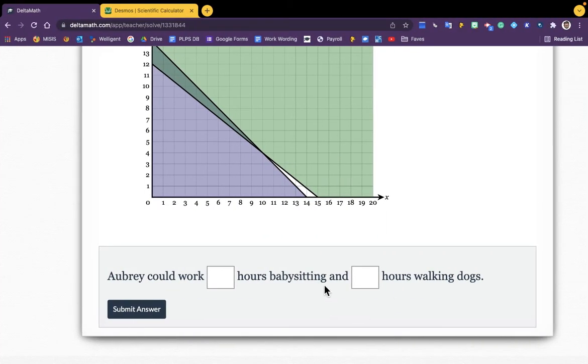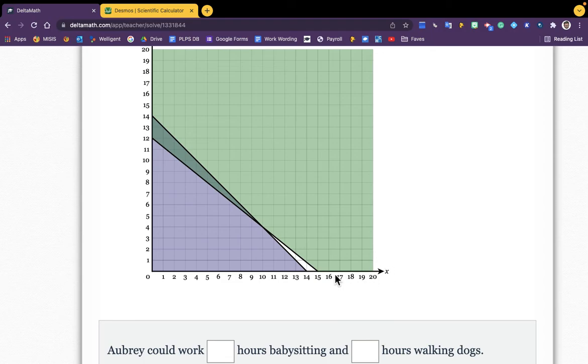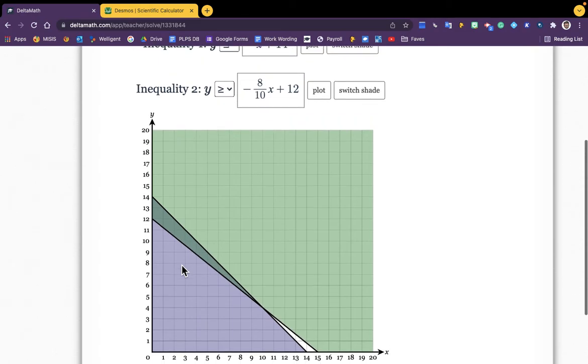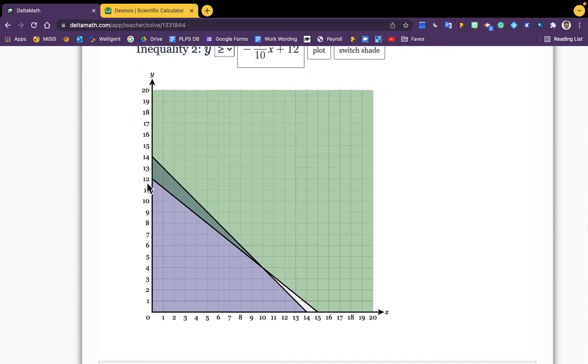So if we go back, look, this is X. These are the number of hours babysitting. And this is Y. These are the number of hours walking dogs. Side to side, number of hours babysitting. Up and down, number of hours walking the dog.